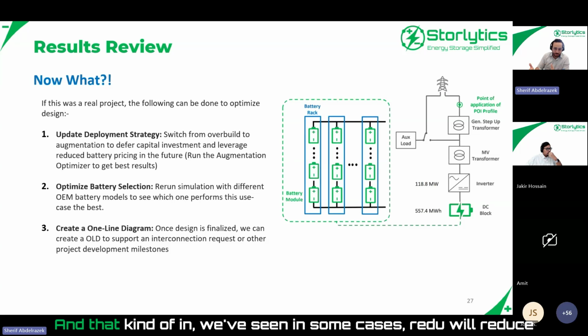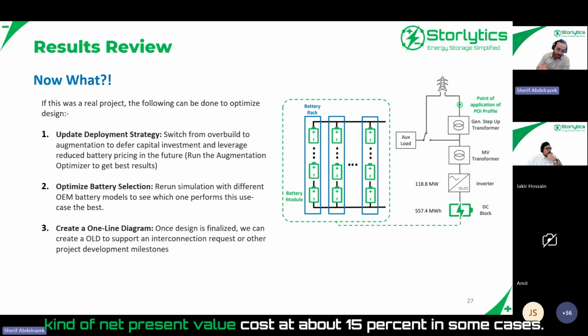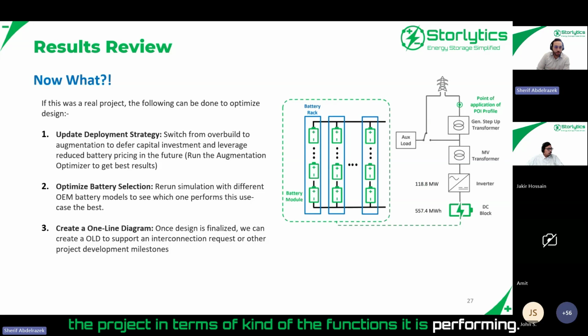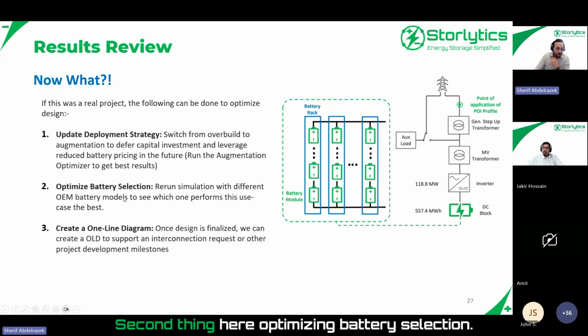We've seen in some cases that it will reduce net present value cost by about 15%. So it's very impactful and does not affect the performance of the project in terms of the functions it is performing. The second thing is optimizing battery selection.